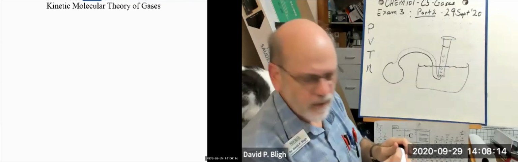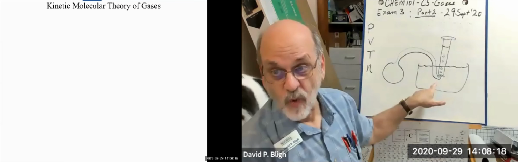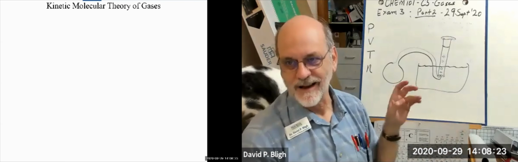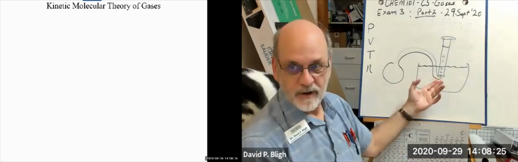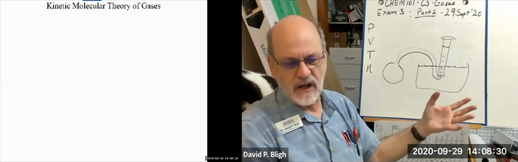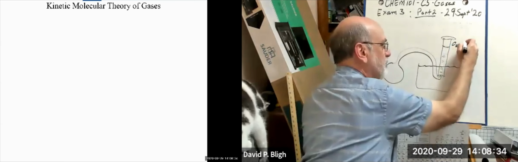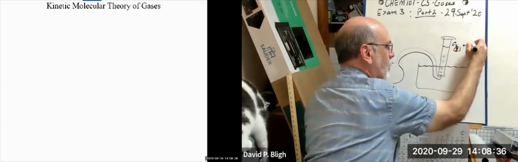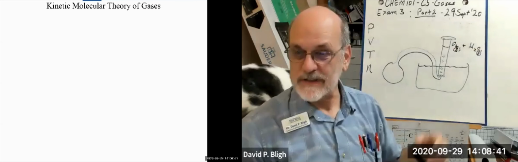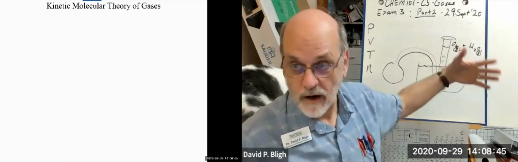Well, the problem is, what are we doing? We're bubbling that gas through water, and water has been known to vaporize. So we get water vapor and the gas in there. So let's just suppose we're catching oxygen, all right, for argument's sake. We've got oxygen in here plus water vapor. So how do we tell how much of that is due to oxygen and how much is due to water?